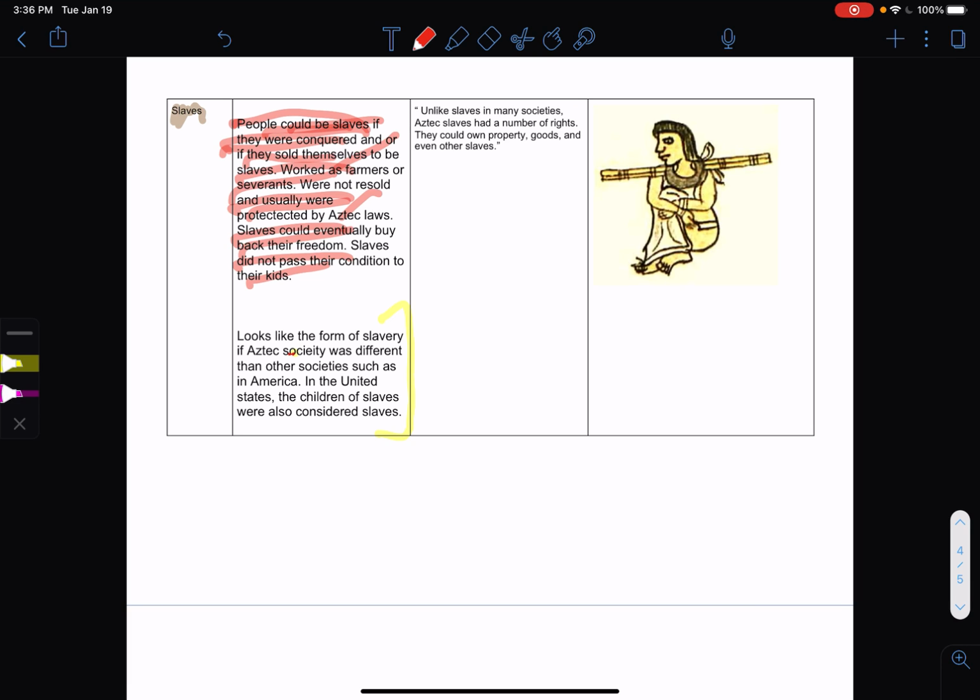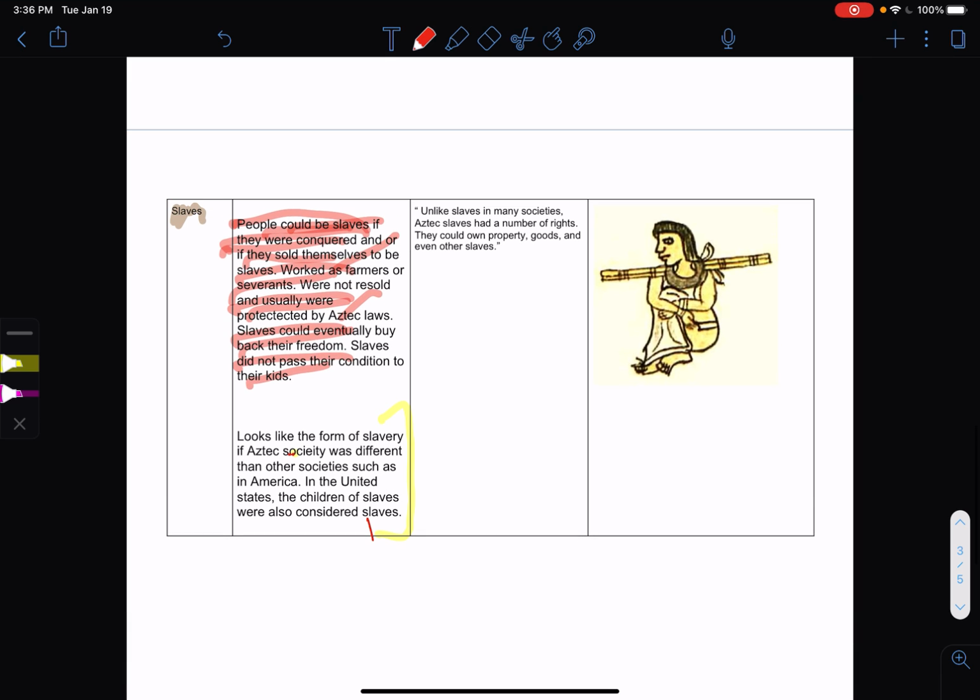In the United States, the children of slaves were also considered slaves, and slaves were sold from one person to another. It looks like that was not allowed in Aztec society. And then I have a quote here: "Unlike slaves in many societies, Aztec slaves had a number of rights. They could own property, goods, and even other slaves." Interesting. So in Aztec society, you could be a slave and then you could even own slaves.